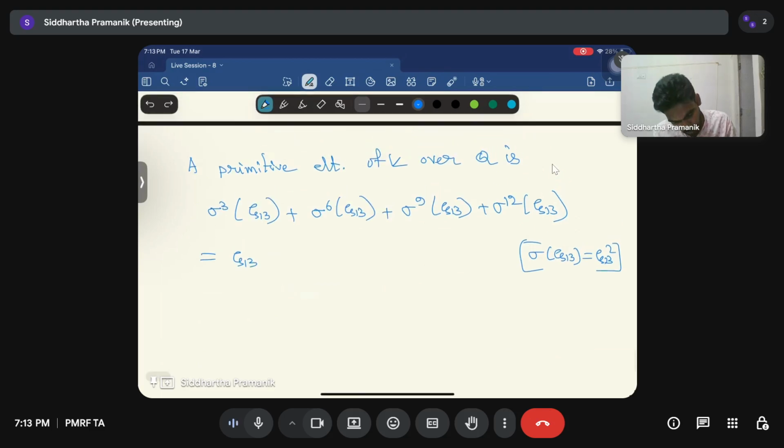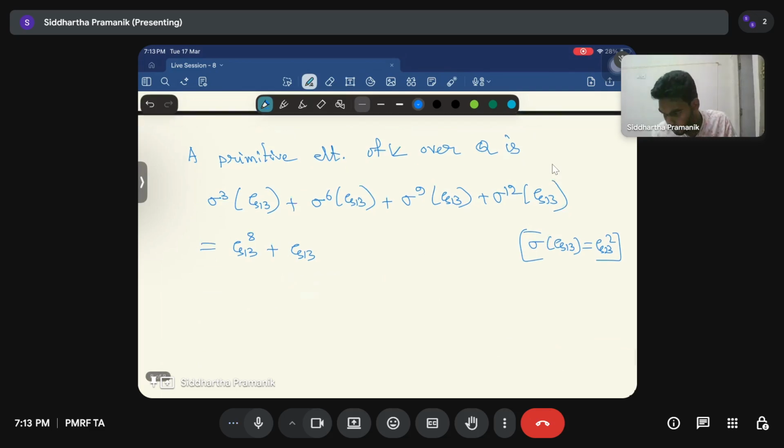So zeta 13 power 2 power 3, which is 8. This is zeta 13 power 2 power 6. So we will get, oh, am I doing something wrong?